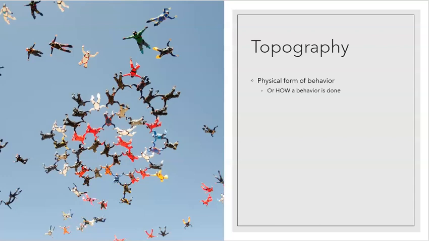So a topographical description of the behavior would be you telling me how they do this. Do they all jump out at once? Do they jump out of the same plane? Do they hold hands while jumping out, or do they hold hands later? How do they get towards each other? All of that.